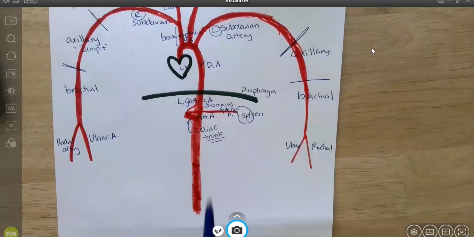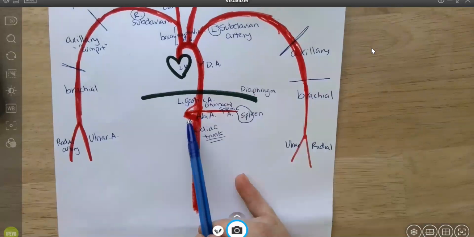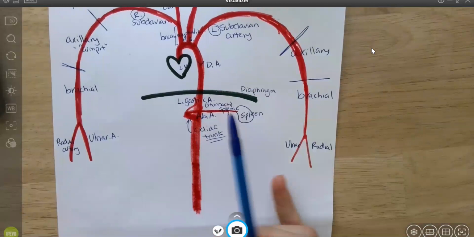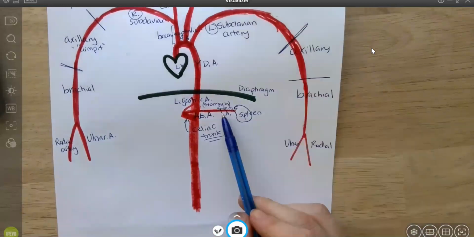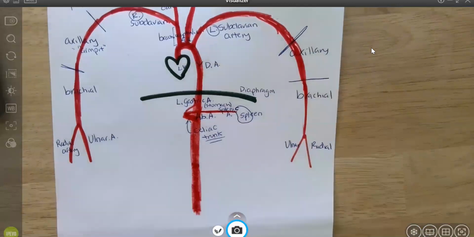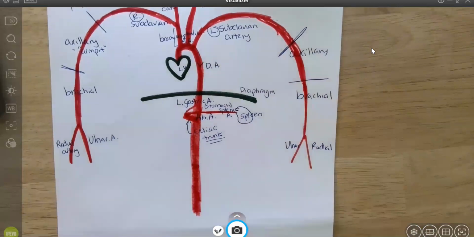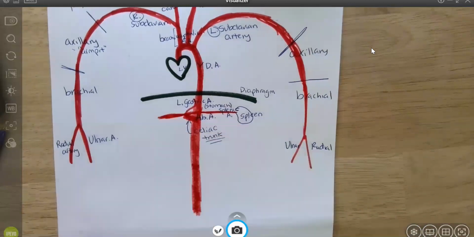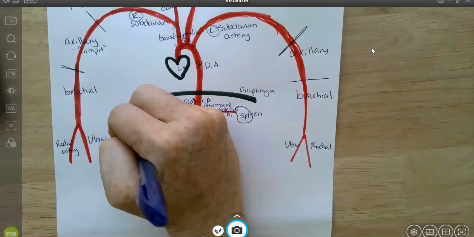So the splenic artery will take the blood from the celiac trunk and then travel all the way towards the spleen. So the splenic goes to the spleen. Okay, so that's left.